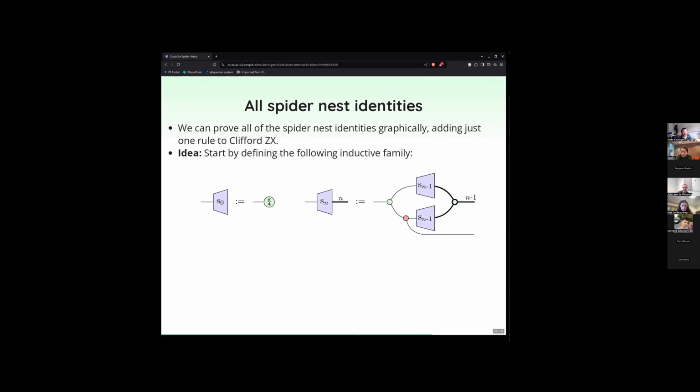Well, first of all, we can define an inductive family of diagrams here. So we have these diagrams called S sub something. Okay, so S sub 0 is just a single pi by 4. And then S sub n is defined in terms of S sub n minus 1 in this kind of way.